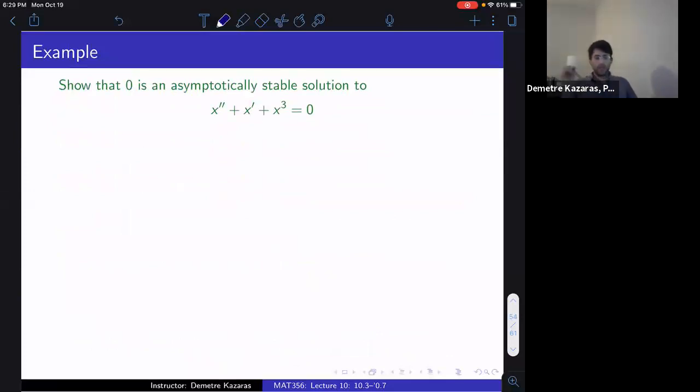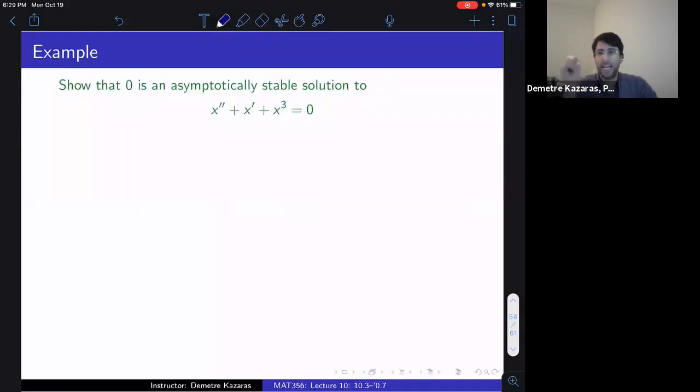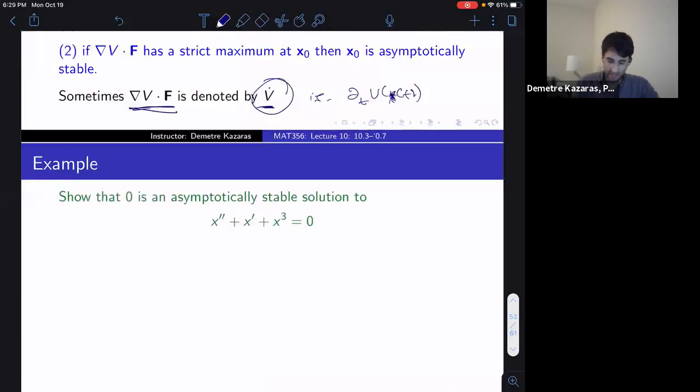Okay, so let us do an example. Okay, so here is another nonlinear motion equation, and let's use this method of, oh, I never said the name. How do we say the name? Lyapunov, method of Lyapunov. The method is basically just that observation, this fact.